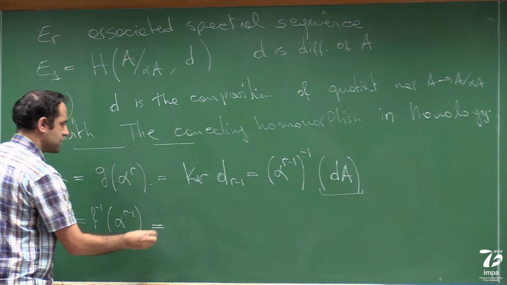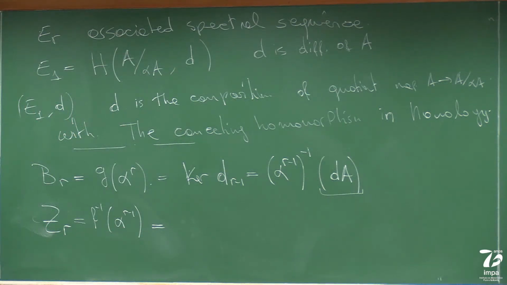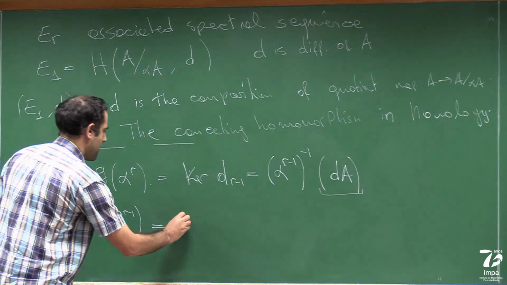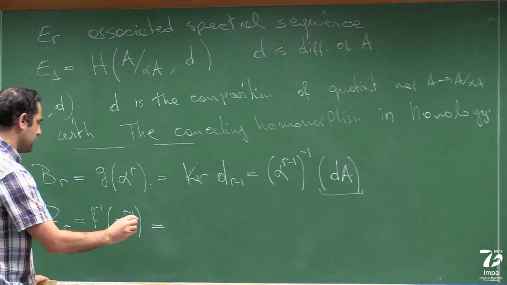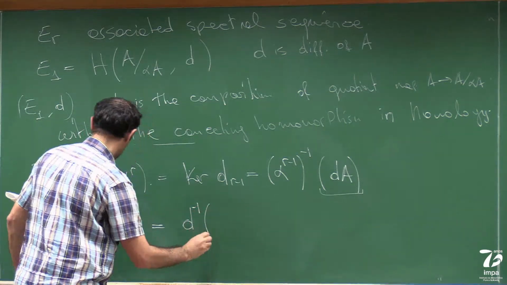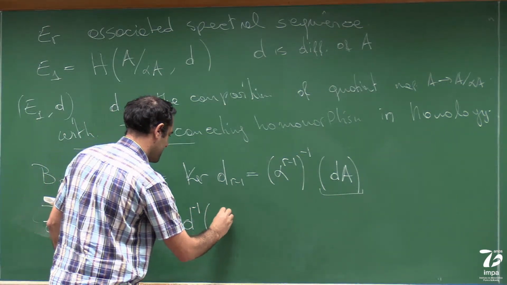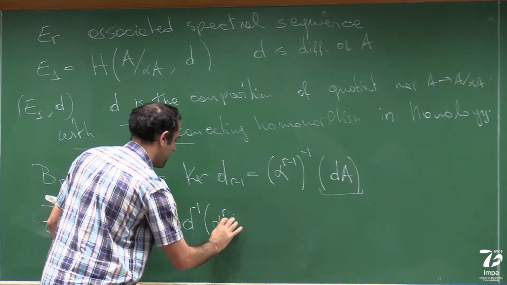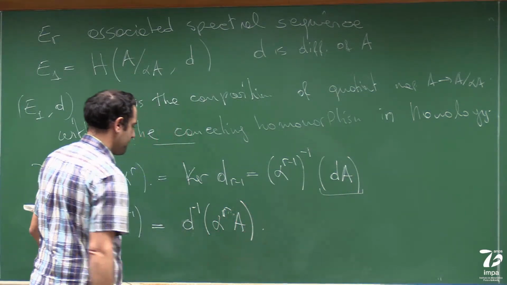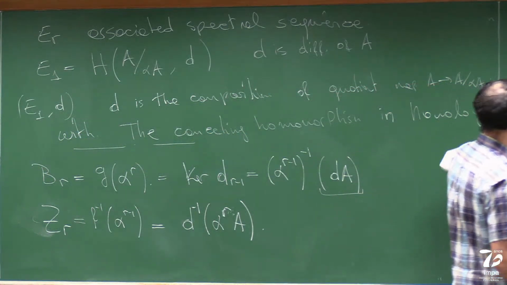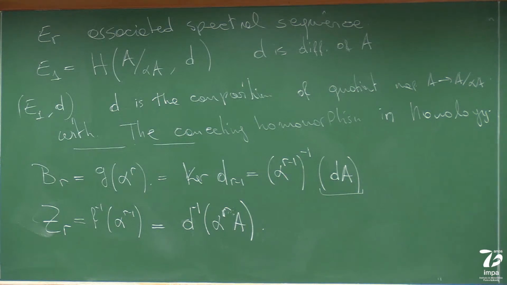And I claim that in this situation, this looks like D inverse of alpha_{r-1}, alpha_r. And E_r is just the quotient of these two.